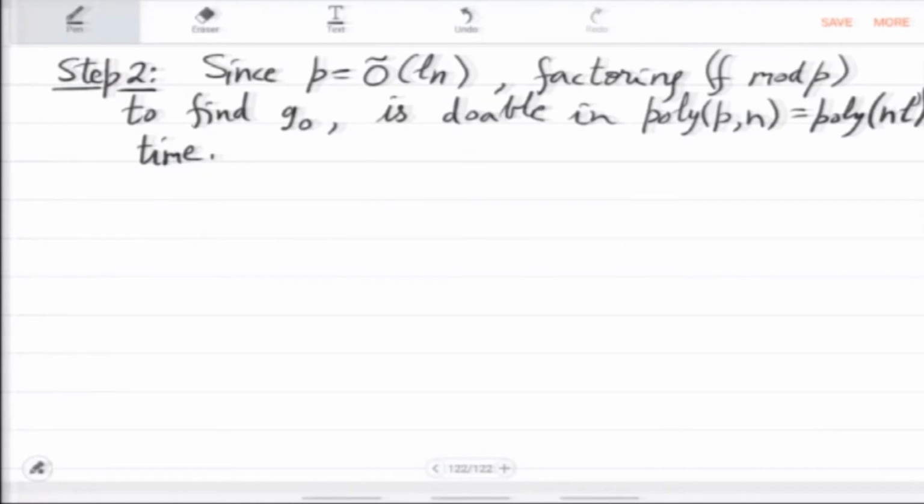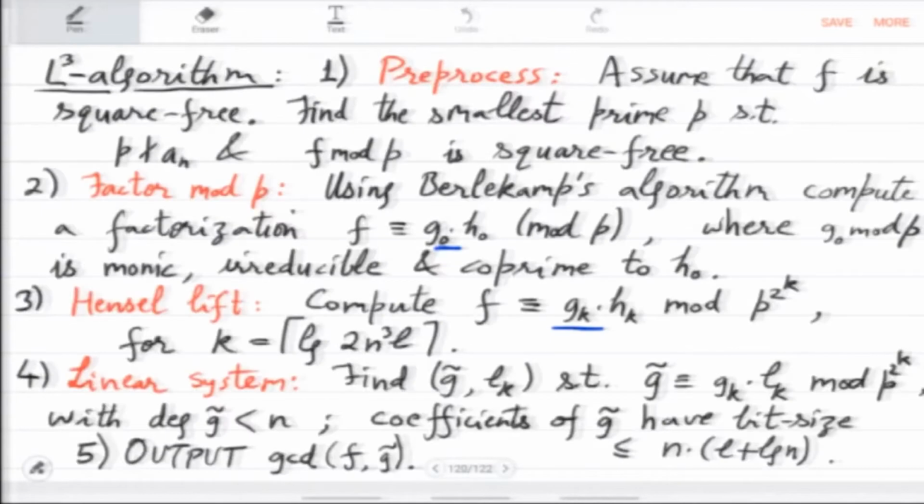Step 3 is Hensel lifting. So let's analyze that. Again, recall the k-times Hensel lifting, which we have seen is a deterministic polynomial time algorithm.